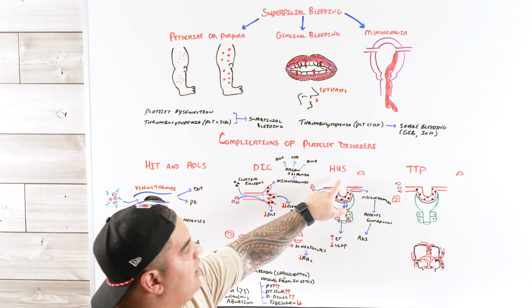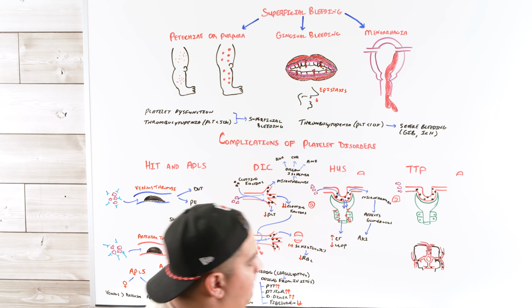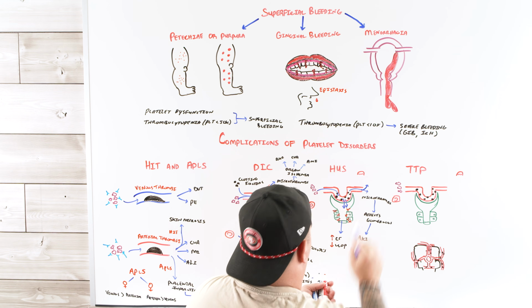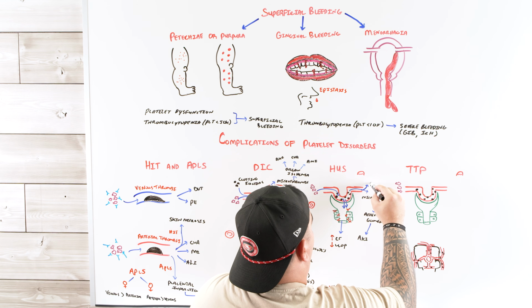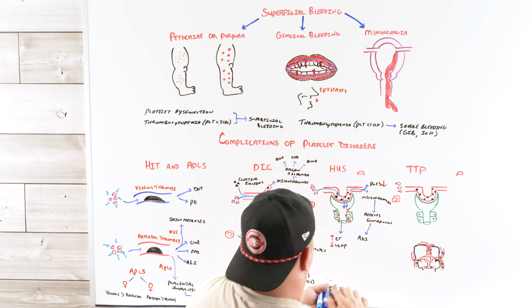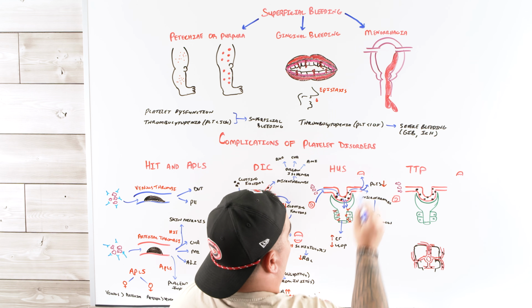So in patients who have hemolytic uremic syndrome, they'll have platelet consumption to make the microthrombi. And so their platelets will be down. And then on top of that, the red cells are going to be moving through here, and so the red cells will get chewed up.